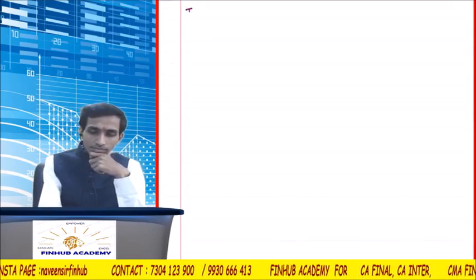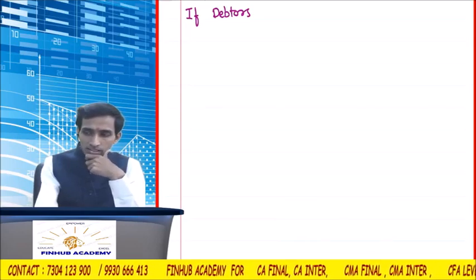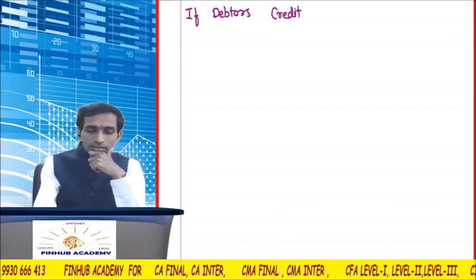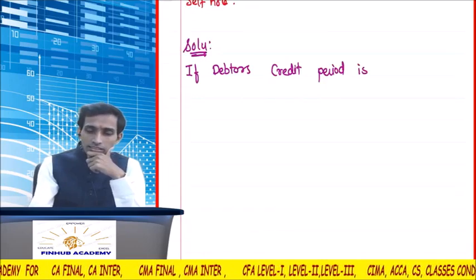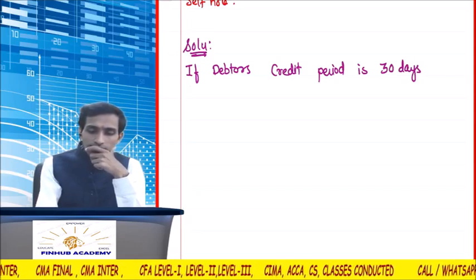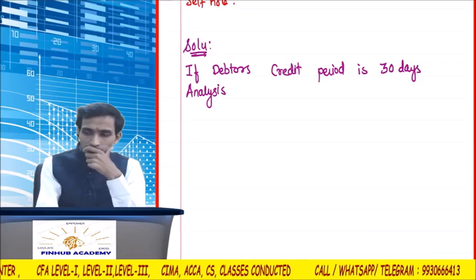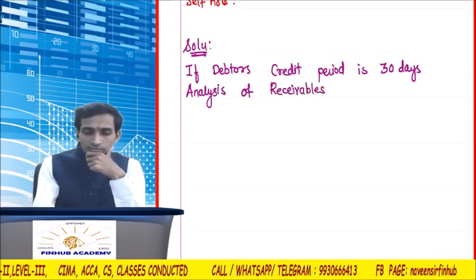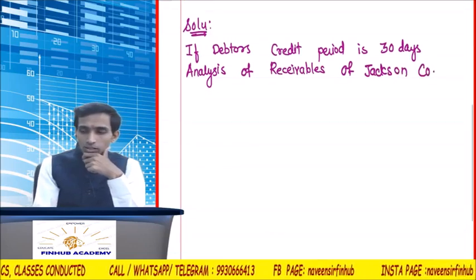If debtors credit period is 30 days, analysis of receivables of Jackson Company.